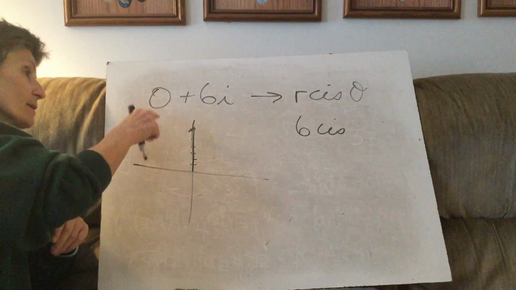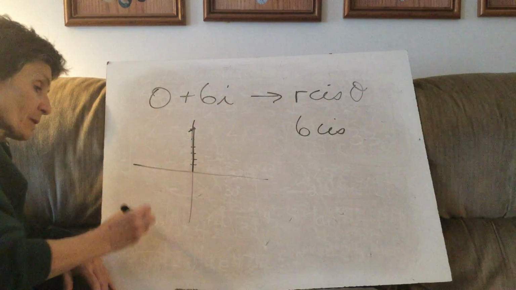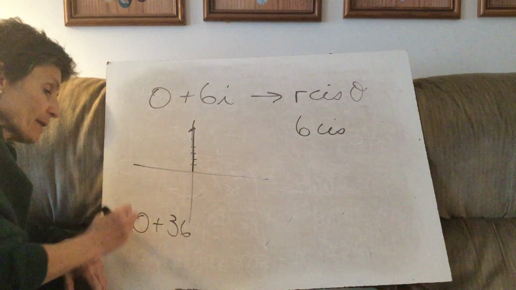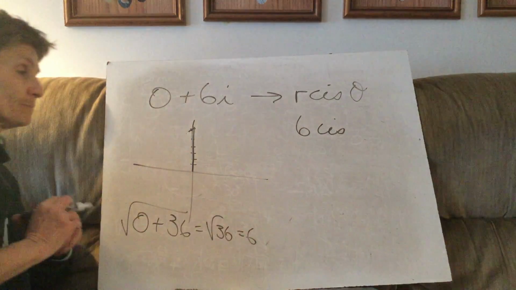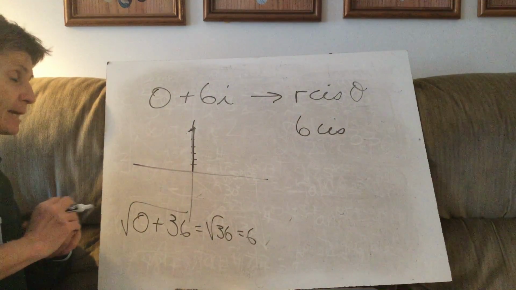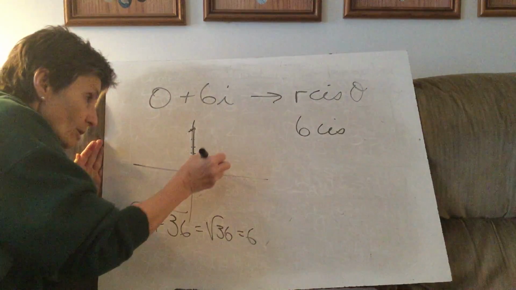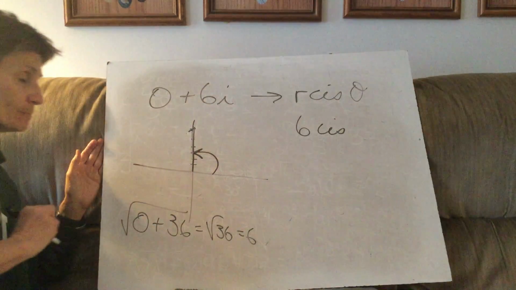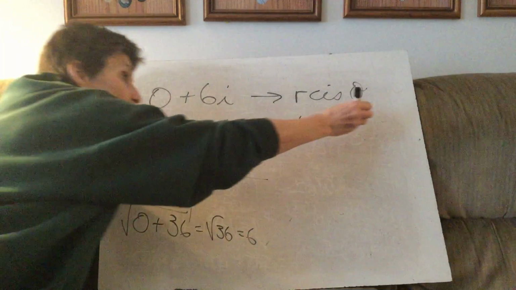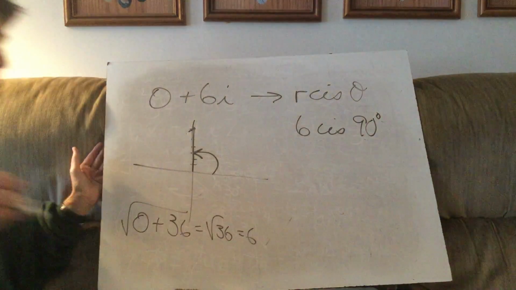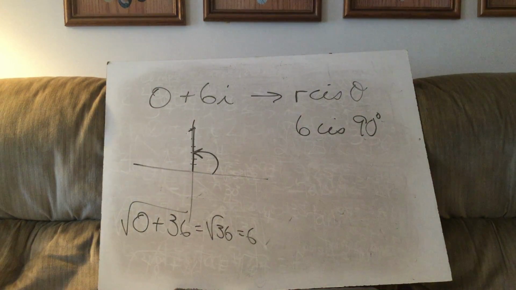Actually, there could be. You could square the first one, square the second one, add them together and take the square root. But you get 6. And then your angle is right here. And since that's straight up the y-axis, you know that is 90. So that one was easy.